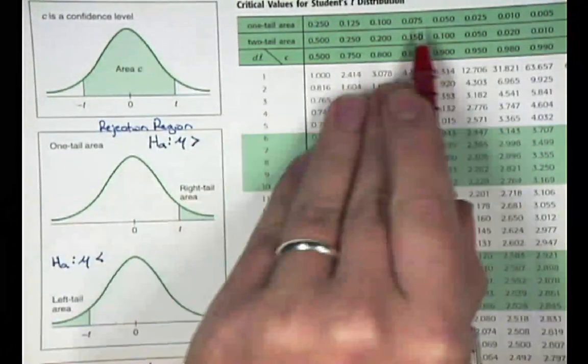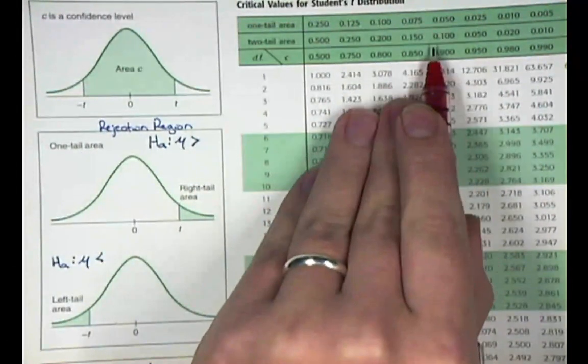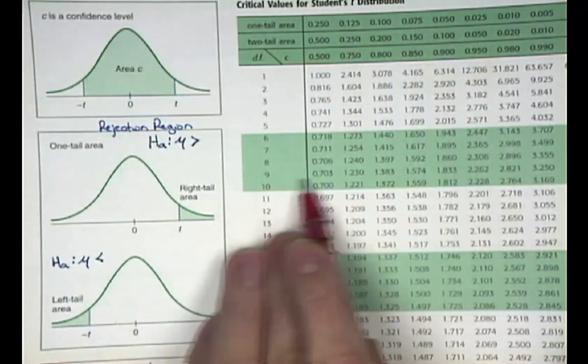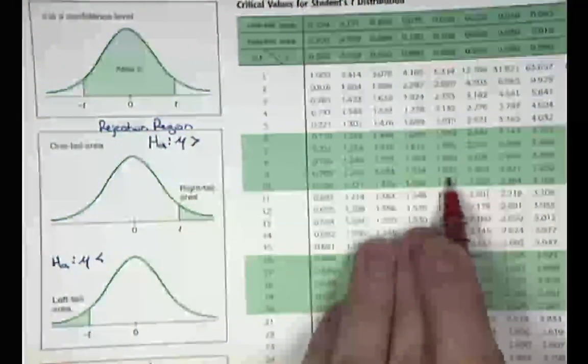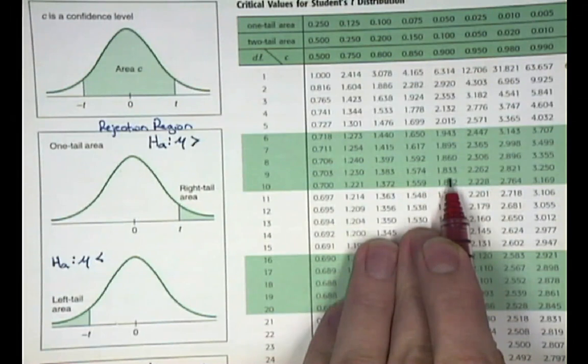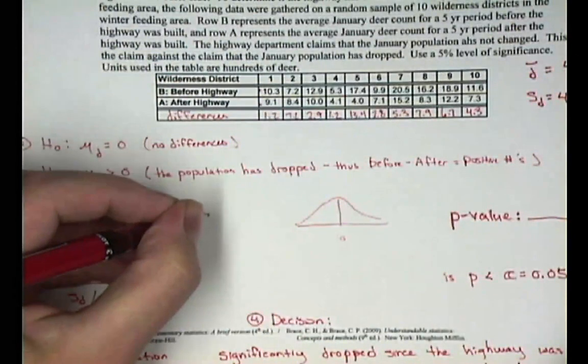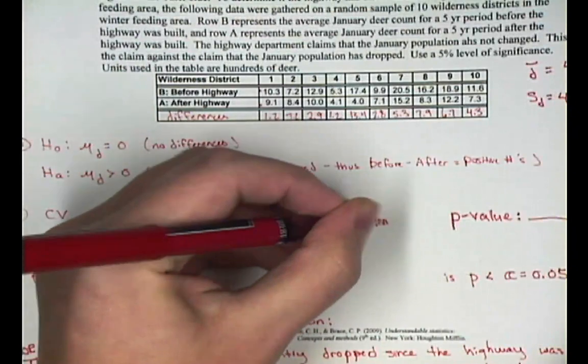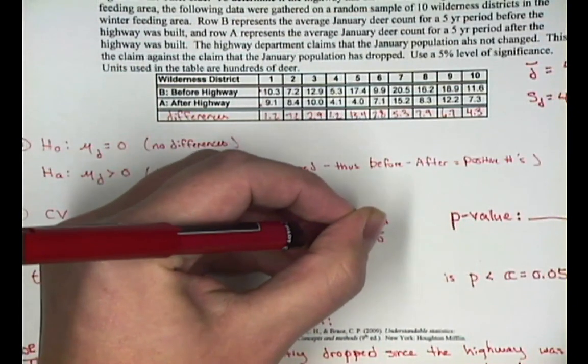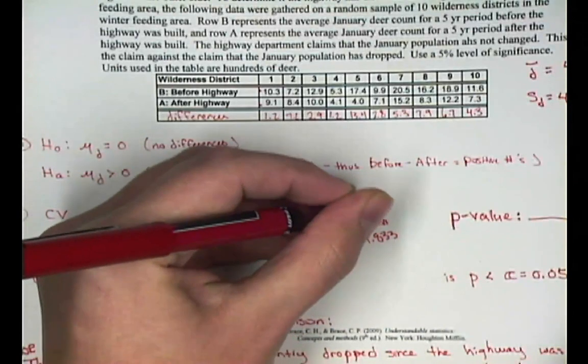It's a one-tail area, alpha is 0.05, and we scroll down to 9 degrees of freedom. So our critical value is 1.833, and it is positive because it is a right-tailed test, and this is our rejection region.